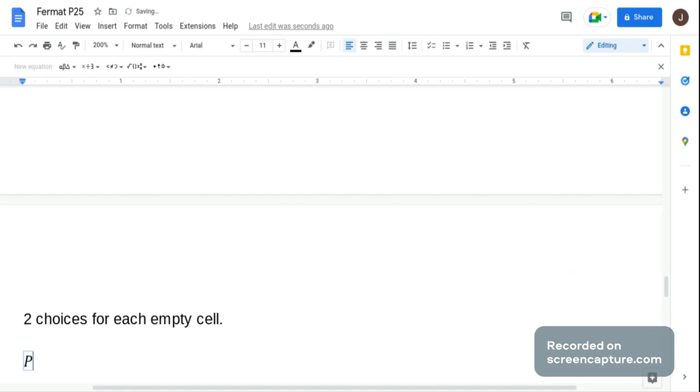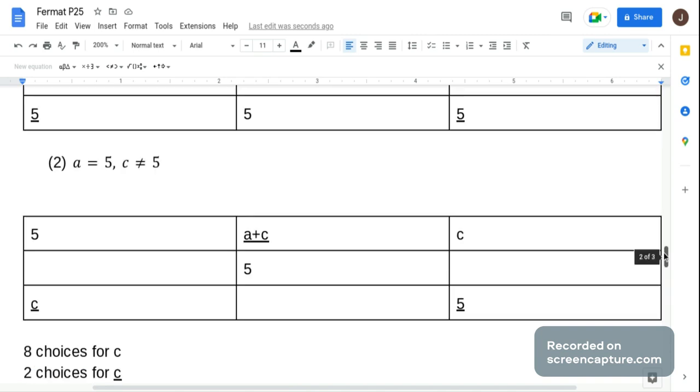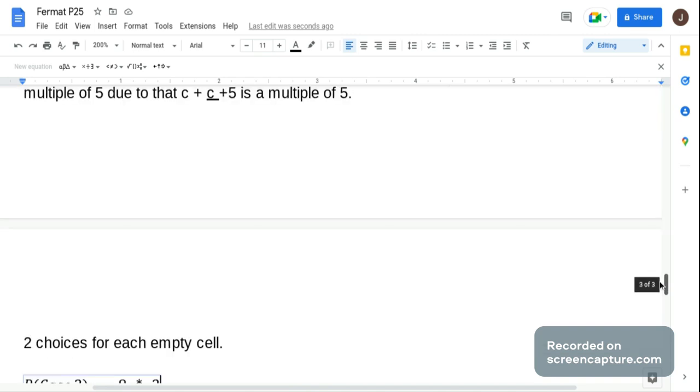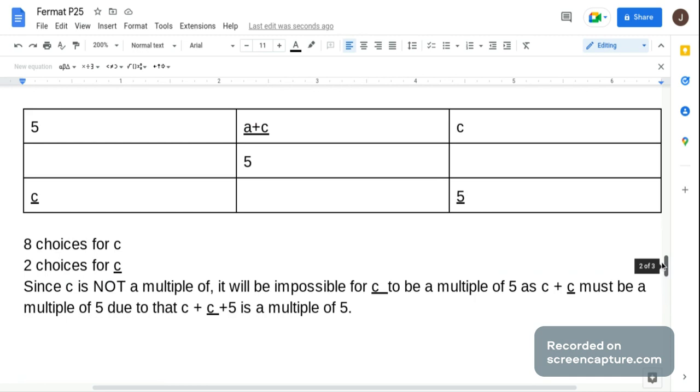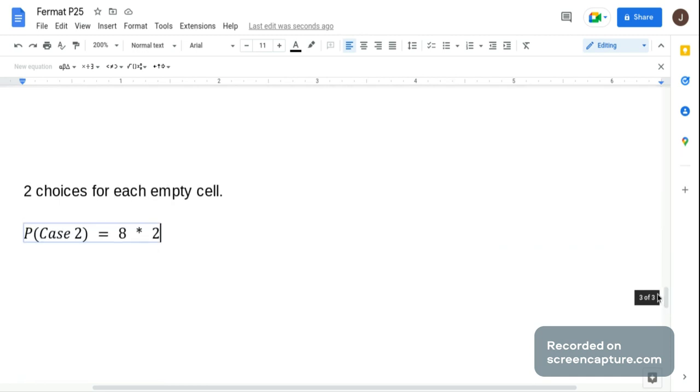Case 2 is equal to 2 to the power of 3, which is 8, times 2 to the power of 3.